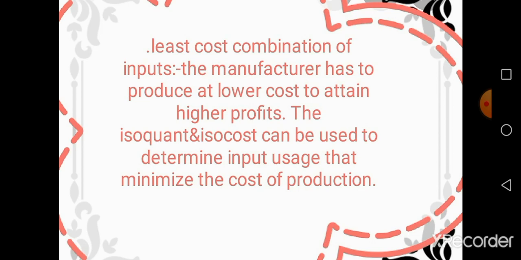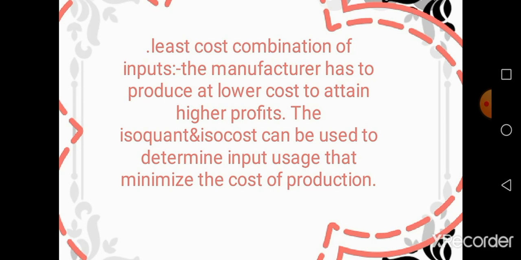In general, the least cost combination is the combination of input factors which gives the lowest cost of production. Applying the isoquant and isocost in the production process is called the least cost combination.